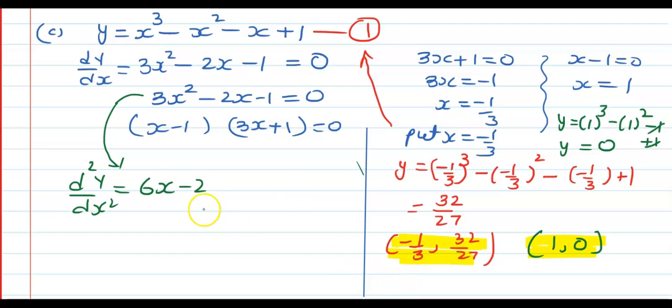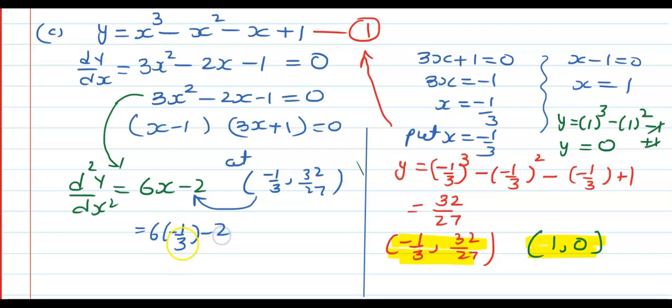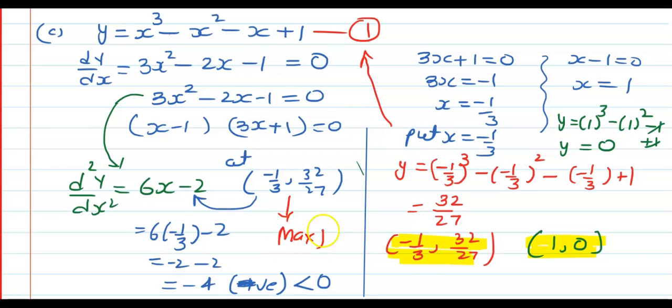First, at minus 1 over 3 and 32 over 27. If you put minus 1 over 3 here, let's see whether it is coming positive or negative. 6 times minus 1 over 3 and minus 2. So it is minus 2 minus 2, it is minus 4. It is negative, which is less than 0.